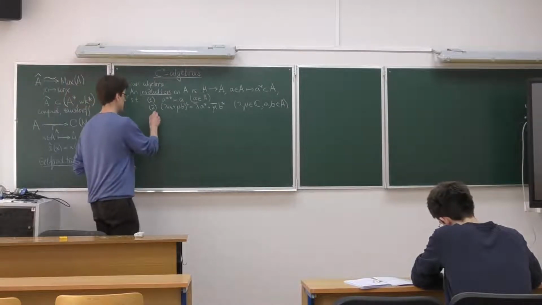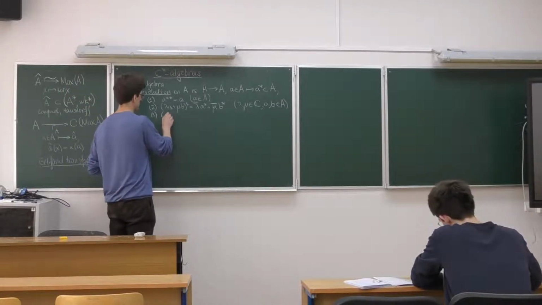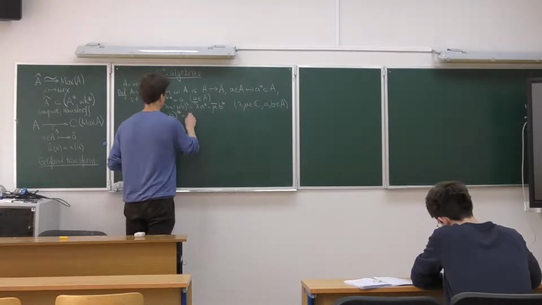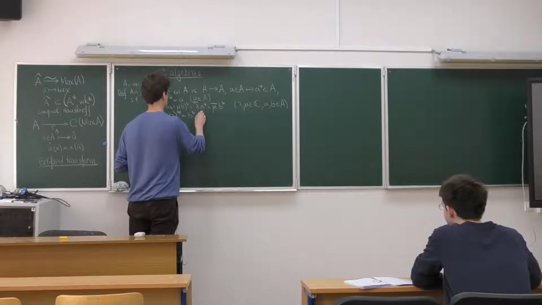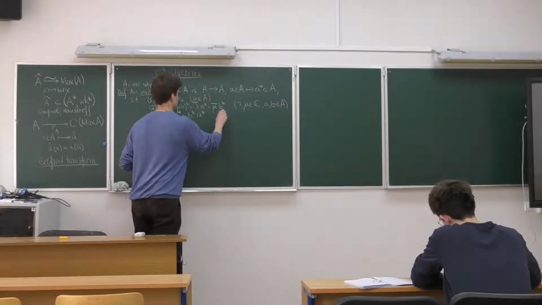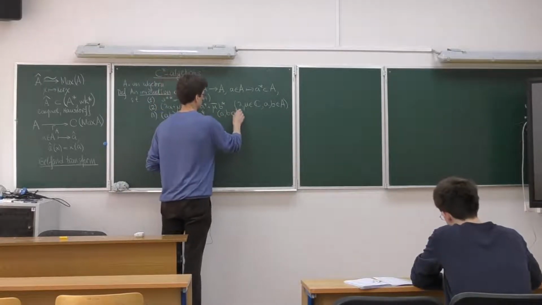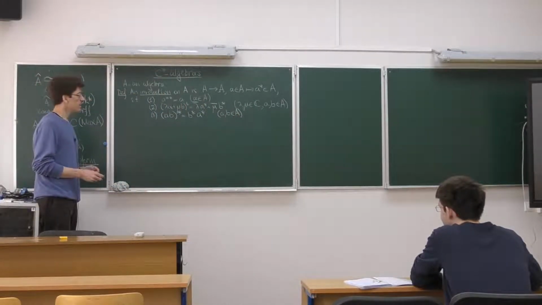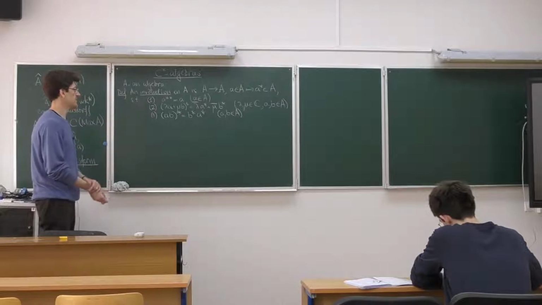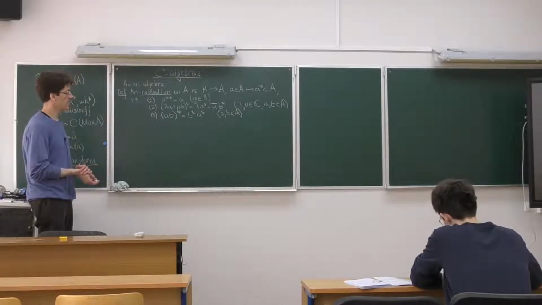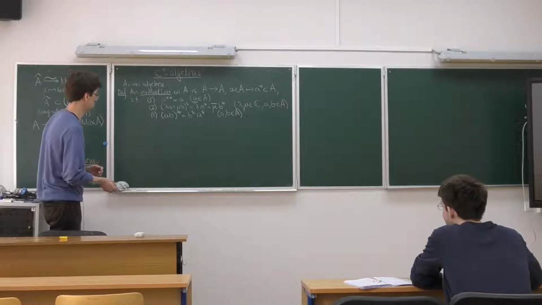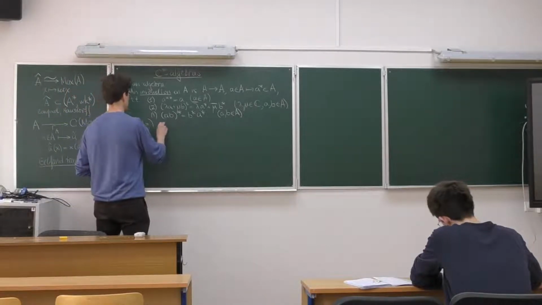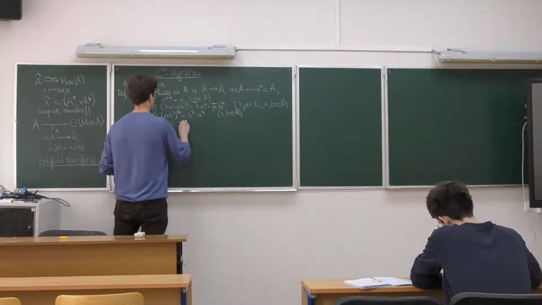And finally, the involution should be a ring anti-homomorphism, in the sense that (ab) star is equal to b star a star. Okay, so such a map is called an involution on A, and an algebra equipped with an involution is called a star algebra.